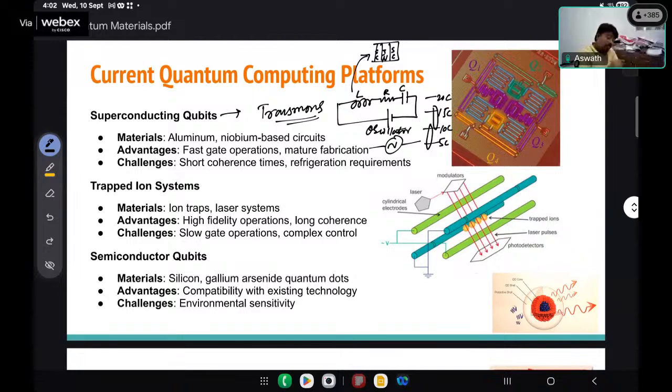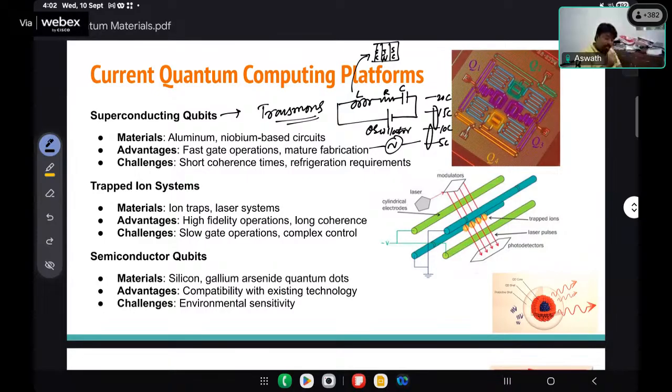Here the trapped ion based qubits are high fidelity and they have a very long coherence time, that is T1 and T2, so I can realize more operations on them. They have their own pluses and minuses, and realizing the structure is not that easy because it requires hardware.